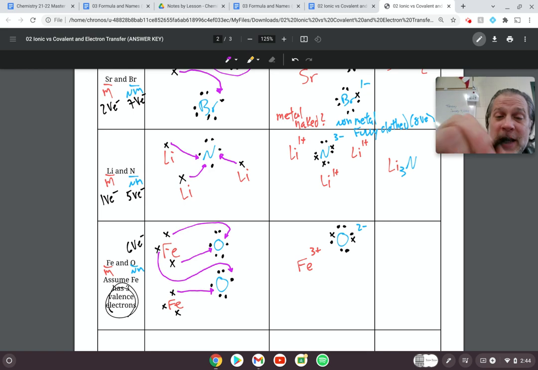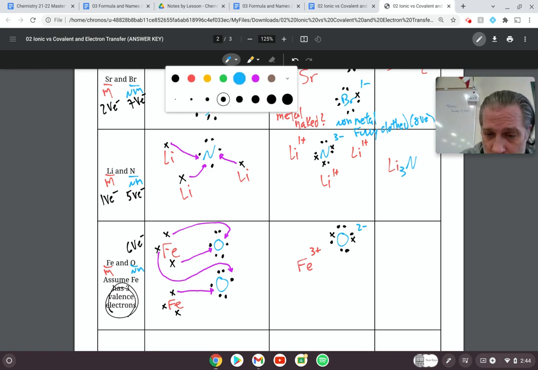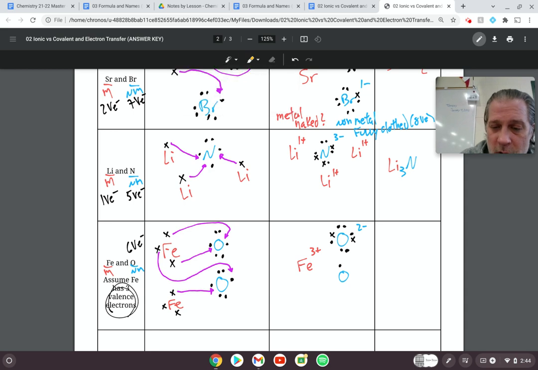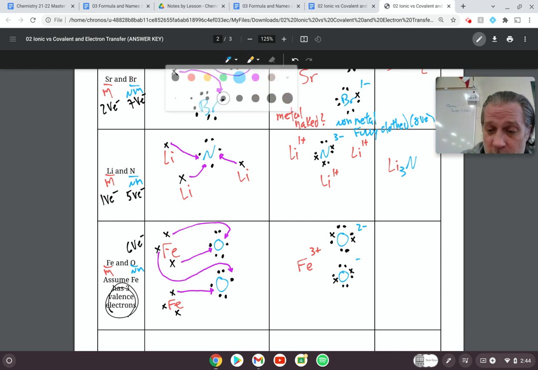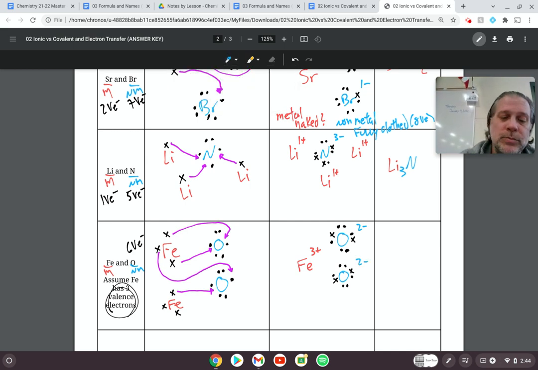And now I have a second oxygen atom that has 6 valence electrons of its own. And it has now picked up 2 more electrons from iron. So that atom has gained 2 electrons, so its charge is -2.